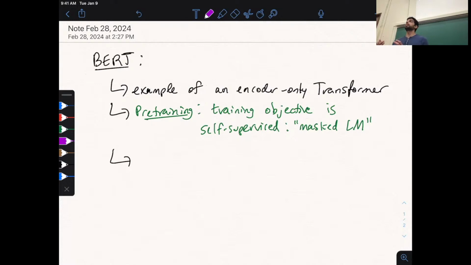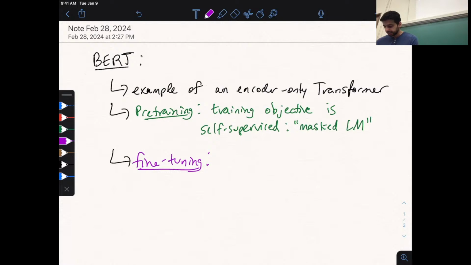So these are all properties that could be useful in solving any particular downstream task, but the model is not specialized to solve any one task like sentiment analysis or question answering. It's kind of like a general purpose backbone that can be adapted to solve various tasks. And that adaptation process is called fine-tuning.